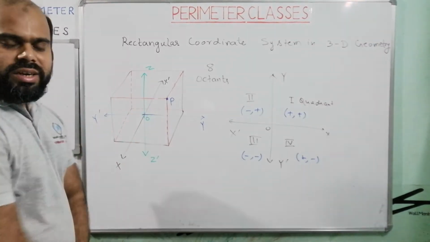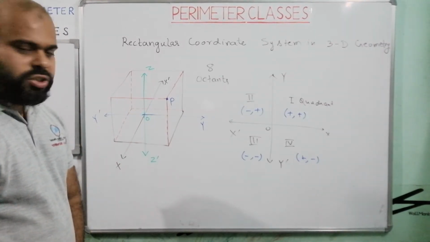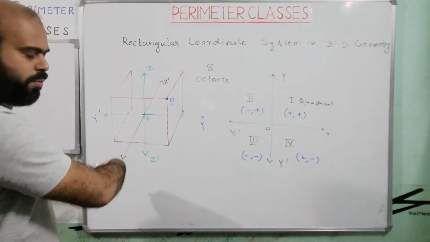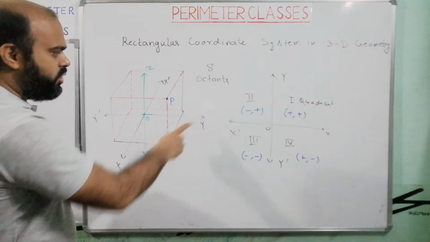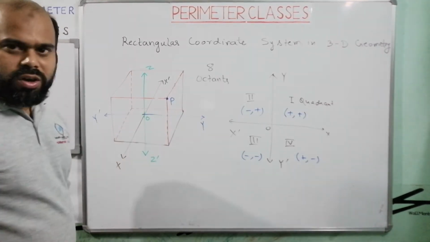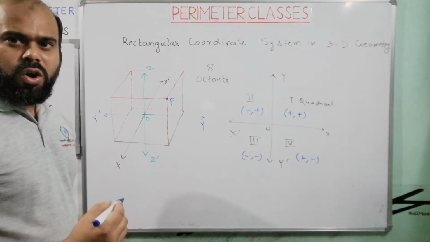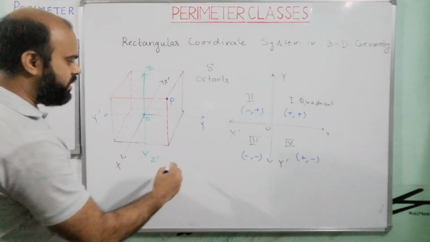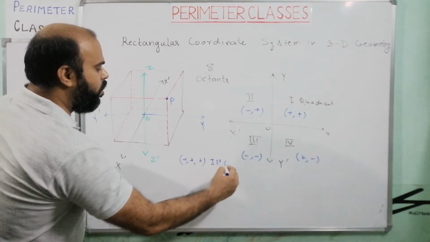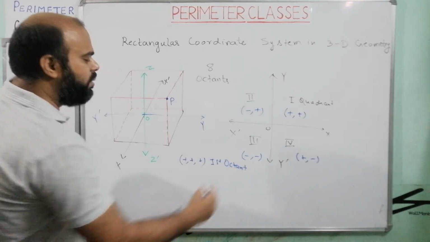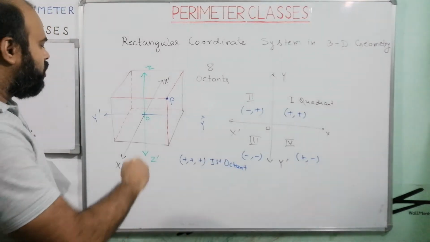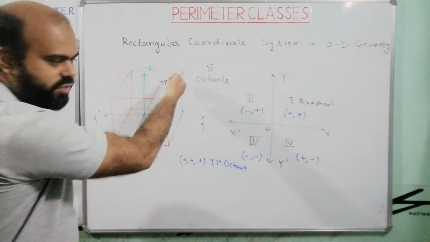So first of all, let us see the octants, what their signs should be. If we come to the first octant, which is along positive x-axis, positive y-axis and positive z-axis, in this first octant all the 3 coordinates are positive, that is plus, plus, plus. When we come to the second octant, that means we are going to the region which is back of this.